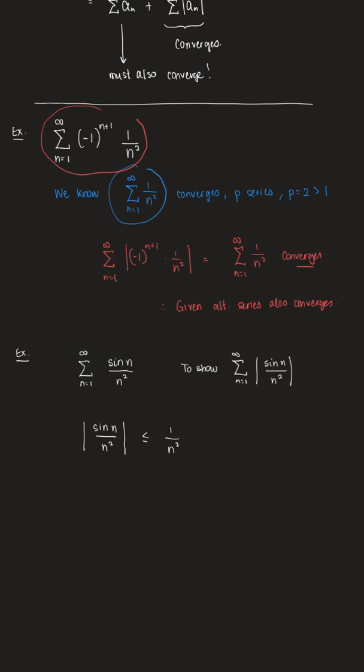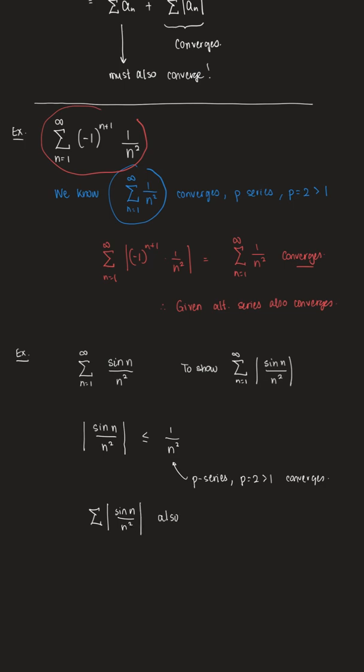And because this is true, 1 over n squared is a p series, with p equal to 2, which is greater than 1, so this converges. So by direct comparison, this series also converges.